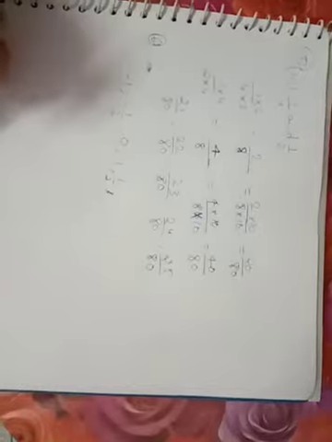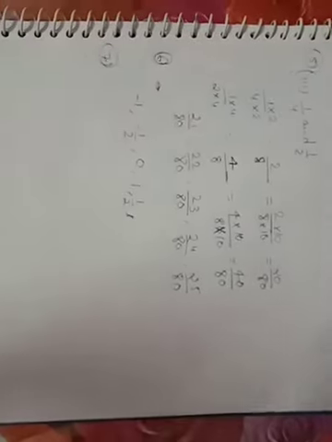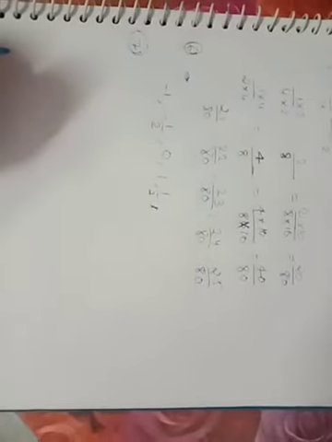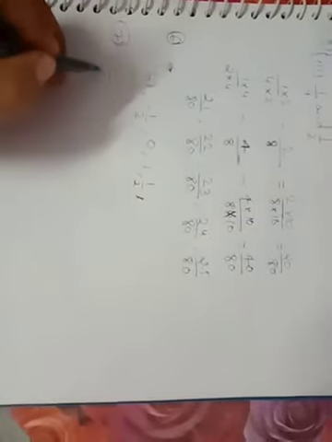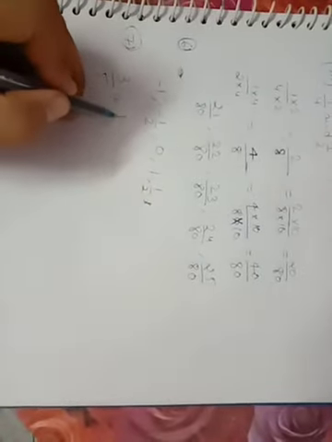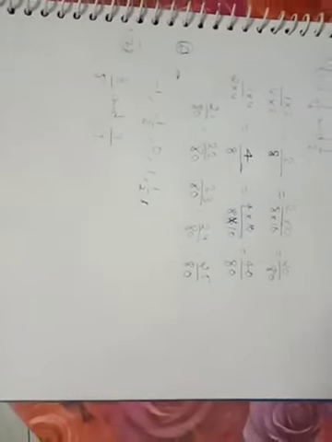Okay students, now come to question number 7. In question number 7 we again have to find 10 rational numbers between 3/5 and 3/4.